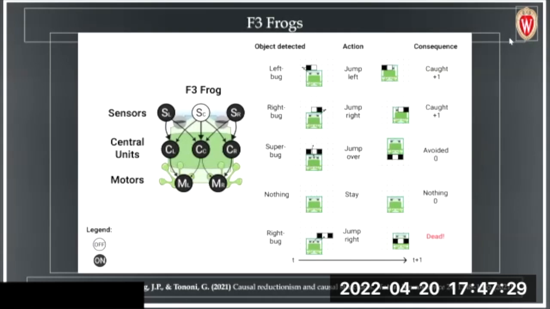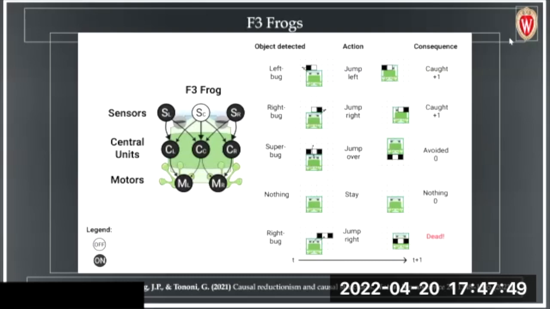So the behavior of the frog is very simple. If it sees a left bug, it jumps left because SL and SC activate basically CL as a unit, and this in turn activates ML, making the frog jump left and catching the left bug.